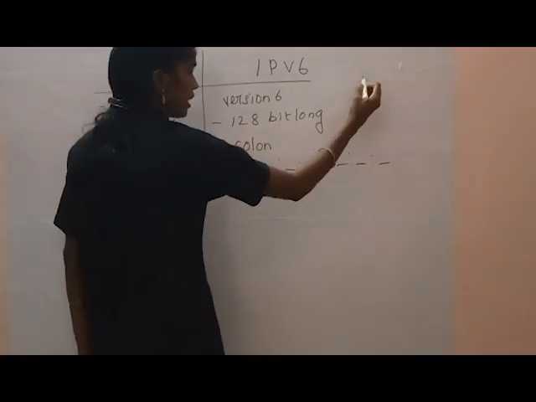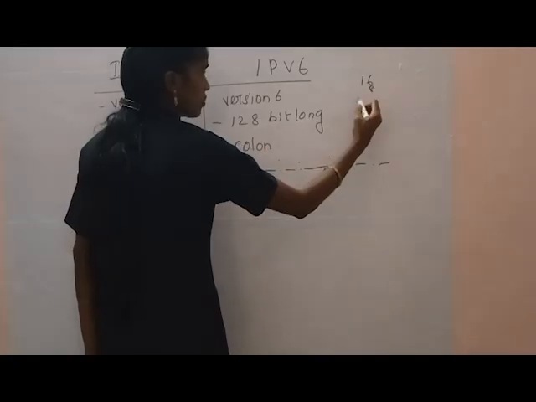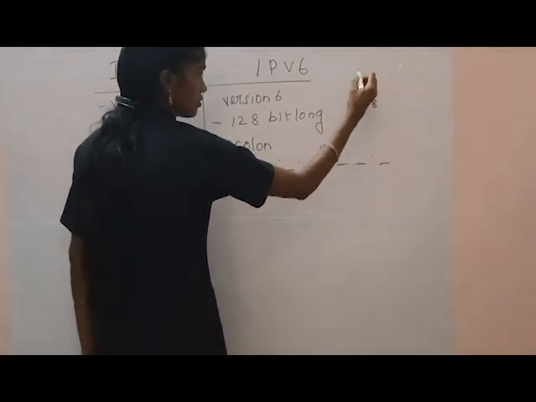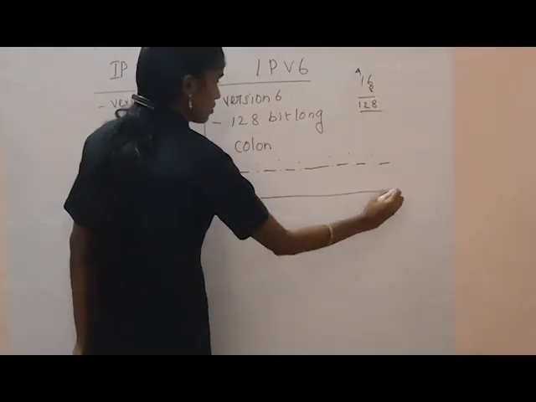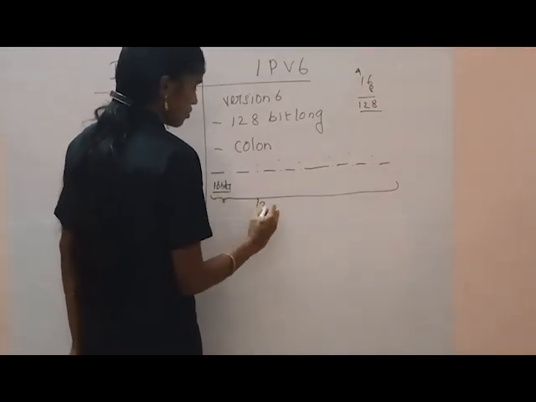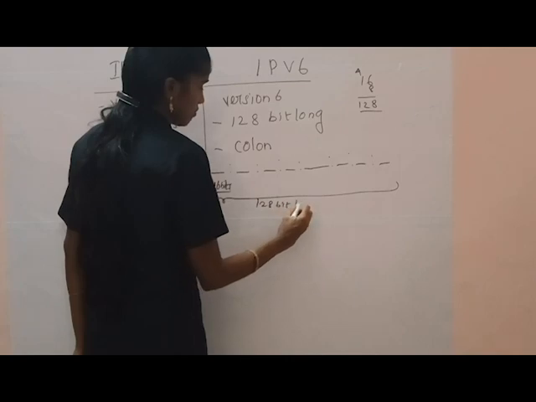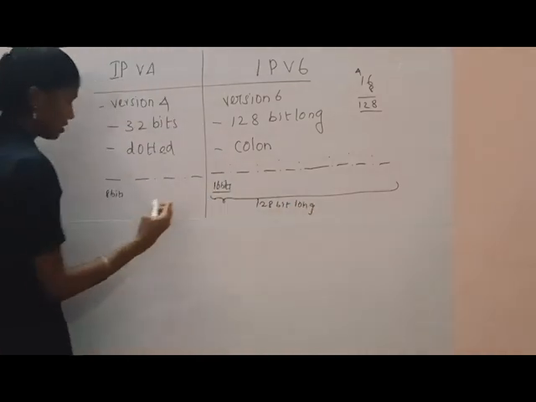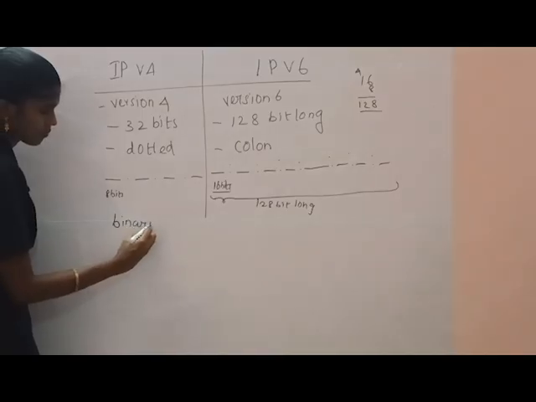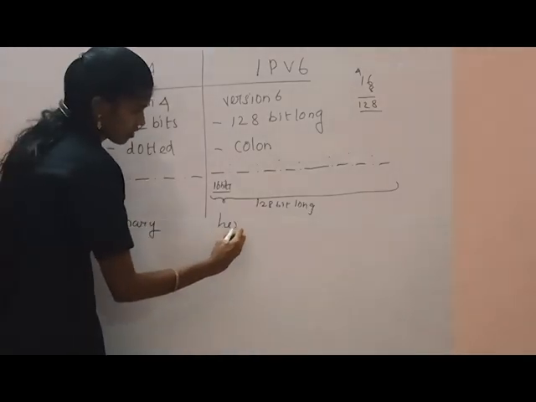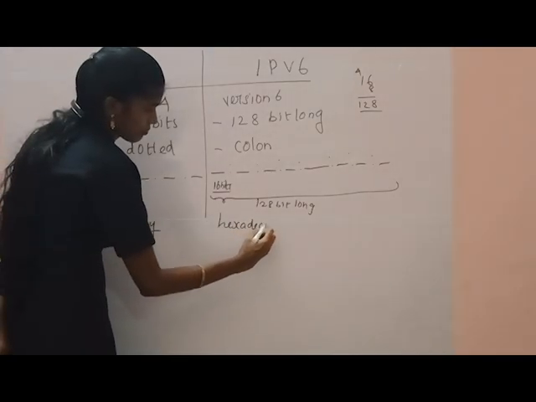Likewise, they have 16 into 8, together 128 bits long. And this is most of the time represented as binary, and this as hexadecimal.